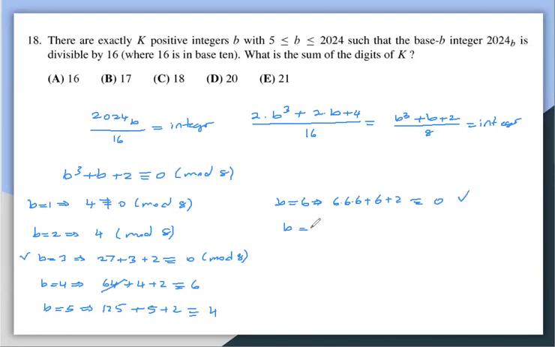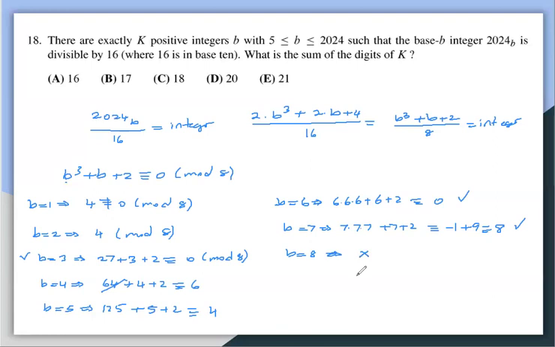If I go with b equals 7, that will be 7 times 7 times 7 plus 7 plus 2. This is negative 1 three times, so the product is negative 1, plus 9, which is 8. That also works because it's a multiple of 8. B equals 8, which is the same as 0, doesn't work, because the cube and the 8 are multiples of 8 but the 2 is not.